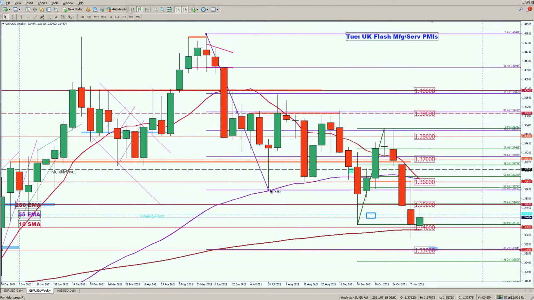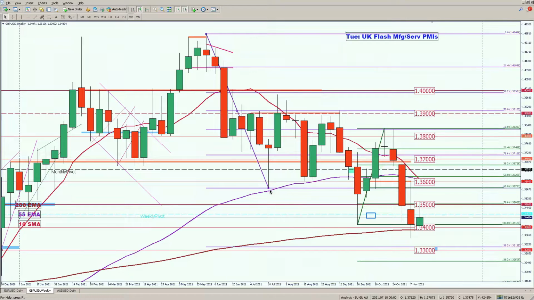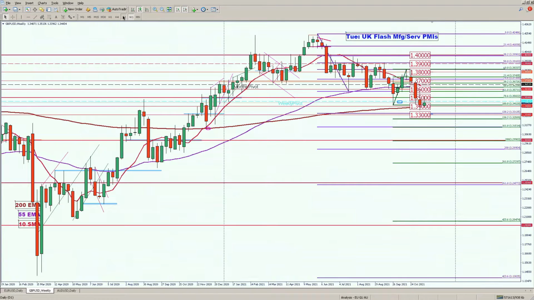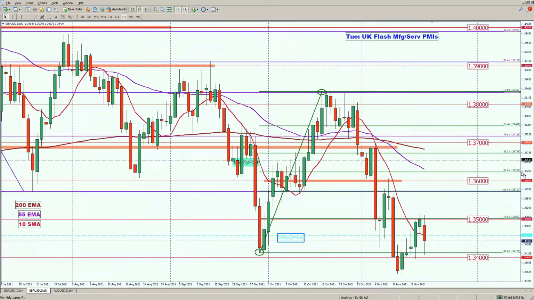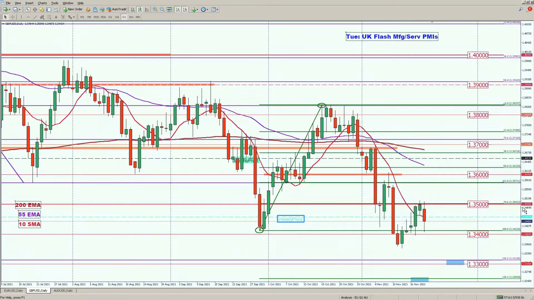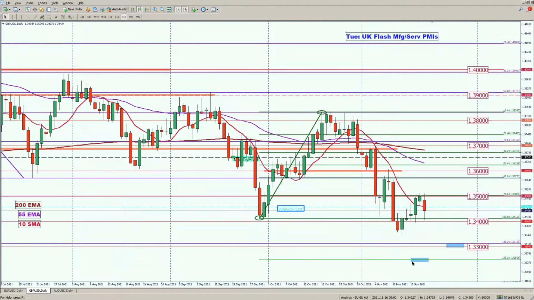I think even if we move to this continuation move, it's still at the 138 fib extension here, along with the 133. So that's still a valid zone.